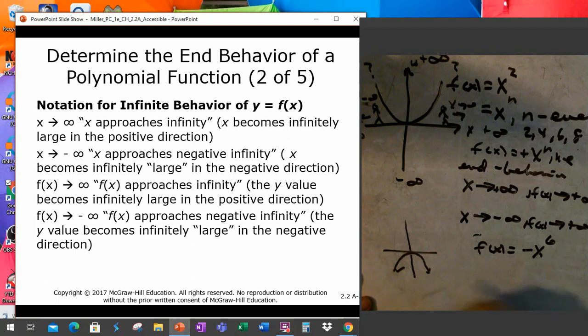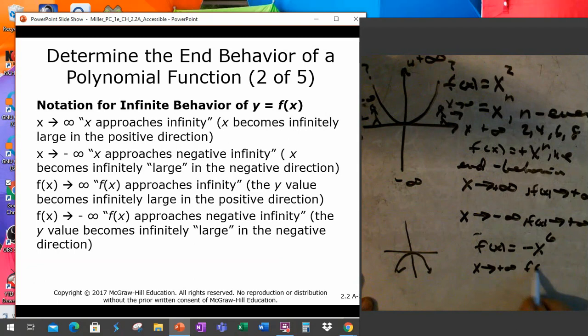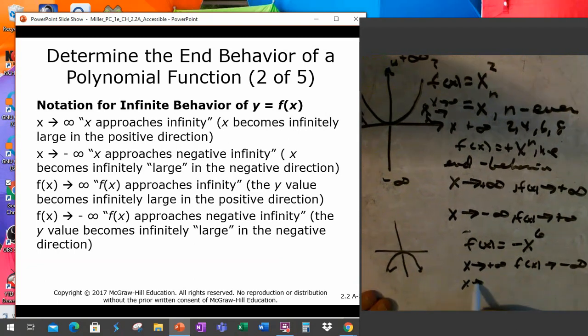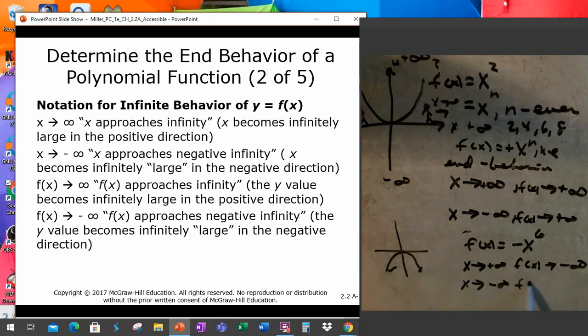And now if I do a negative, as x goes to infinity, now it's going down. F of x goes to negative infinity. And as x goes to negative infinity, out this way, it's still looking down. F of x goes to negative infinity.